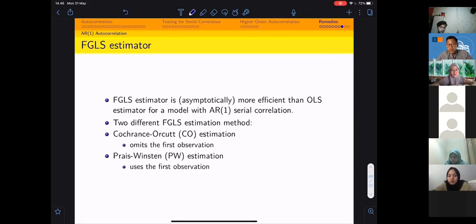So again, there is not much of a difference other than one includes the first period observation and the other excludes it. But again, it's always back to the empirical example, so I'm going to show you that in Stata right now.